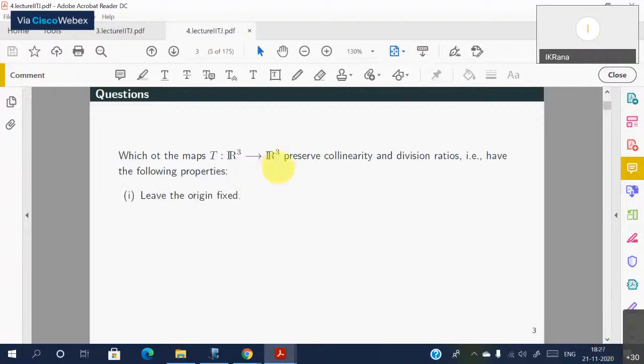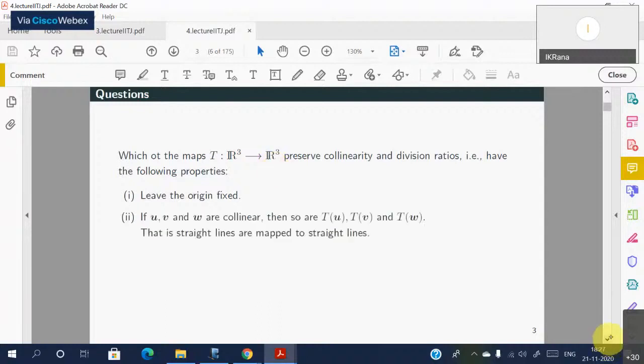We want to look at those T from R3 to R3 that leave the origin fixed. The origin is not shifted anywhere. And if u, v and w are collinear in R3 in the domain, then the images Tu, Tv and Tw are also collinear. That means straight lines are mapped into straight lines, and the ratios are preserved.